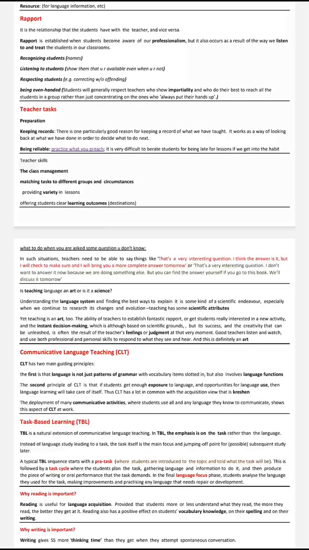Recognizing students' names. Listening to students, show them that you are available even when you are not. Respecting students, for example, correcting who is offending, being even-handed.